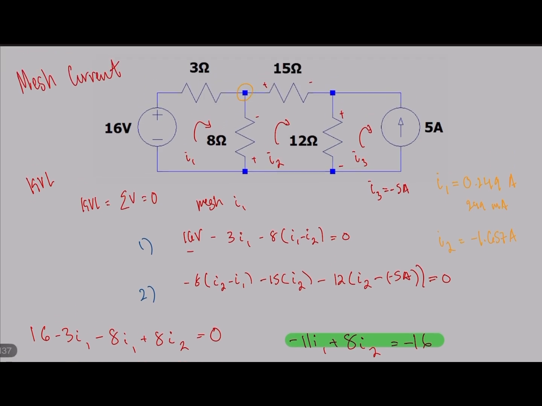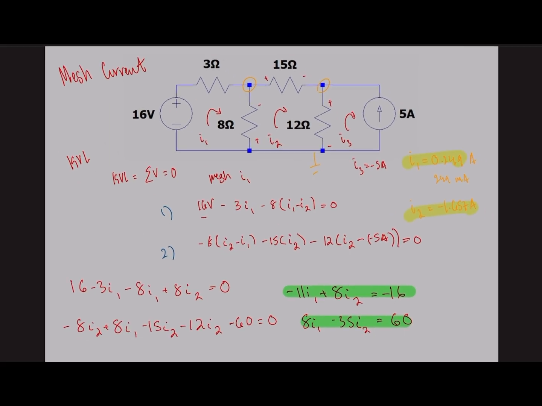And if you want to get the voltages we got in the last example, you can find those easily by using the bottom node as a reference node and multiplying the currents you found using your mesh method, and that'll give you your node voltages up there. But once you have the mesh currents, you've also solved the circuit, and you can get any other information you need from there.